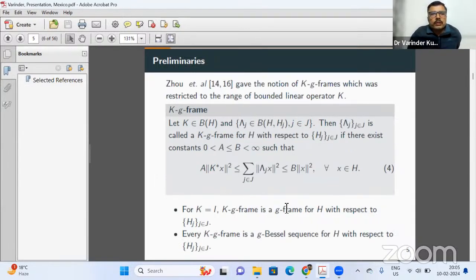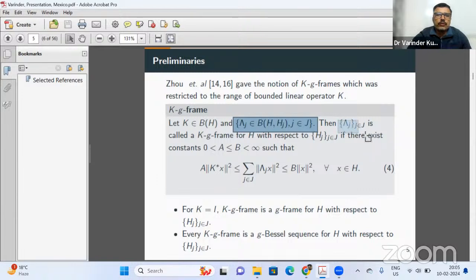Then Zhu et al. gave the notion of KG frames, which was restricted to the range of the bounded linear operator K. They basically amalgamated the concepts of K frames and generalized frames, and gave the definition of this KG frame. Again, we are taking K to be a bounded operator on H, and lambda J is a sequence of operators from H to Hj.